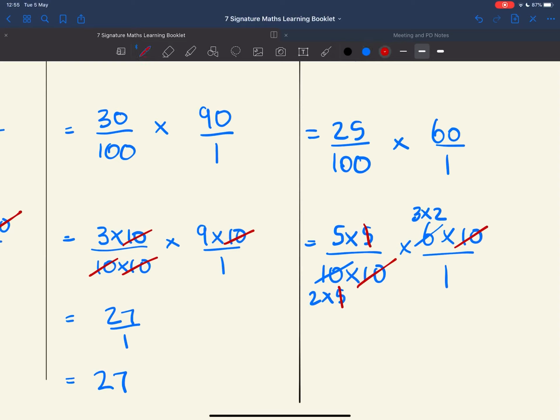And now we can cross out this 2 with this 2. And as you can see now, there's nothing on the bottom except for the 1. And what we're left with is 5 times 3, which is 15. So our answer is 15 wholes, or simply 15.